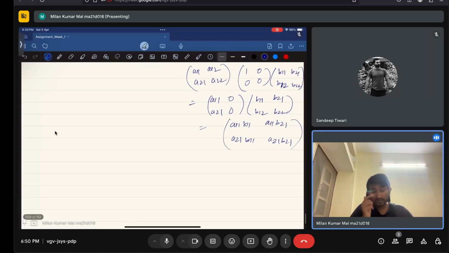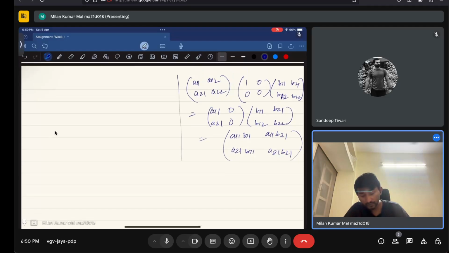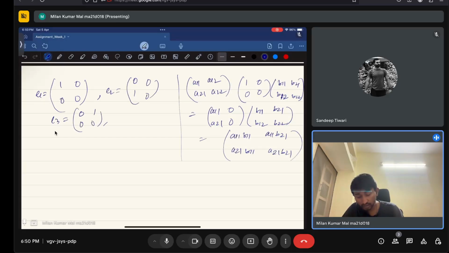But now the basis you have to take this way: 1 0 0 0 is the first one, the second one is 0 1 0 0, and the third one is 0 0 1 0, and the fourth one is 0 0 0 1. I think if you take this, then you may get some pattern.